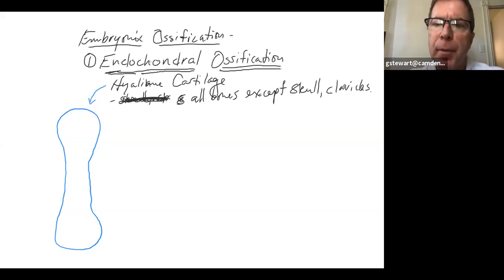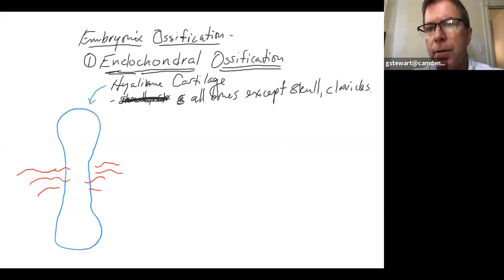So here's what happens in this endochondral ossification. We get more vascularization in the middle of this hyaline cartilage model, sort of the middle of that cartoon bone. And those blood vessels bring nutrients as well as calcium minerals to the area.